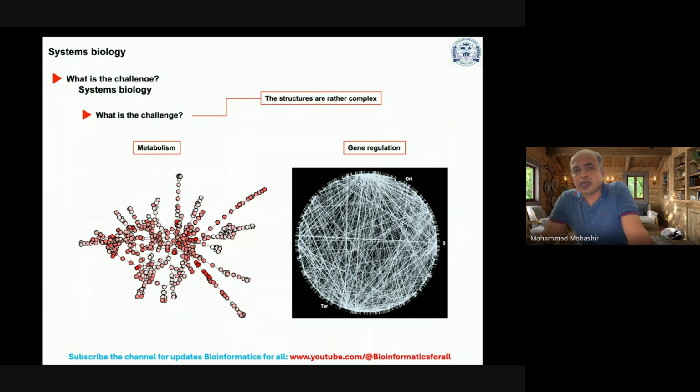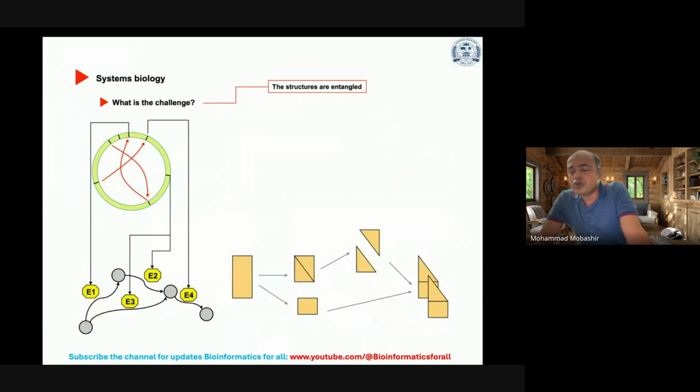For example, in metabolism the network structure is slightly different, and gene regulation is quite different. But if you want to understand more, you need to understand the smaller subunits of the networks, also called network motifs, which I will be discussing in other classes. Here you need to divide the networks into groups, or maybe you can call it clustering, perform clustering and try to understand how the clusters look.